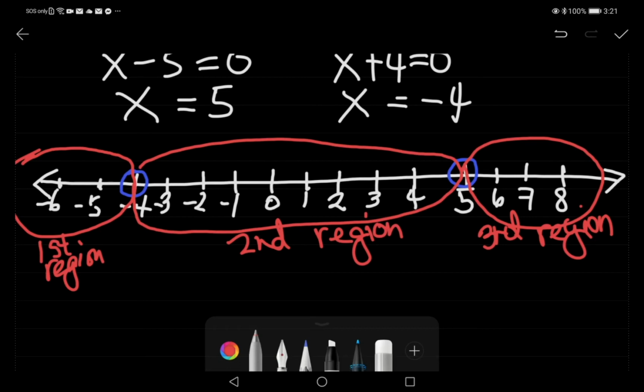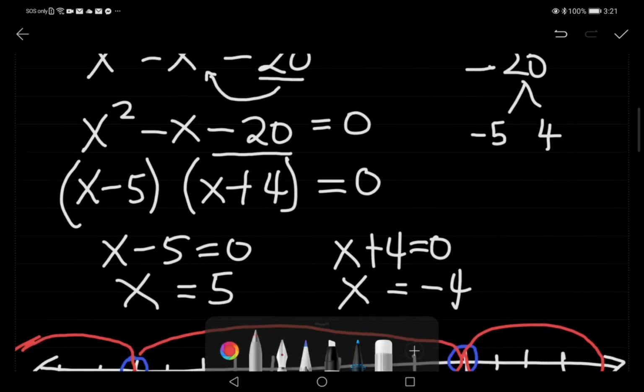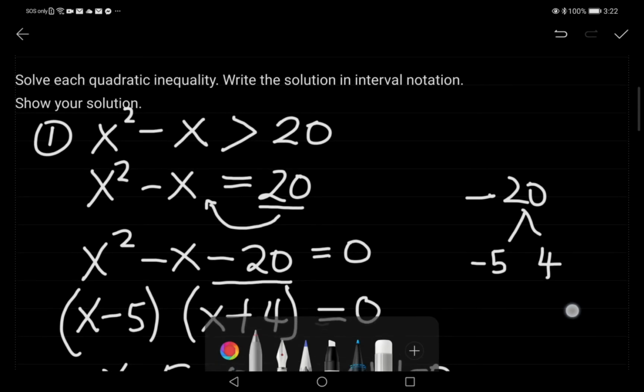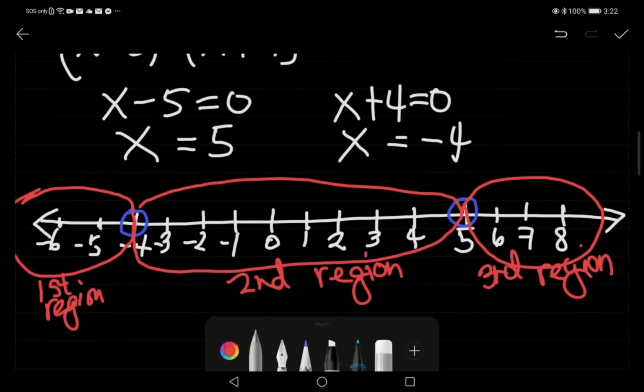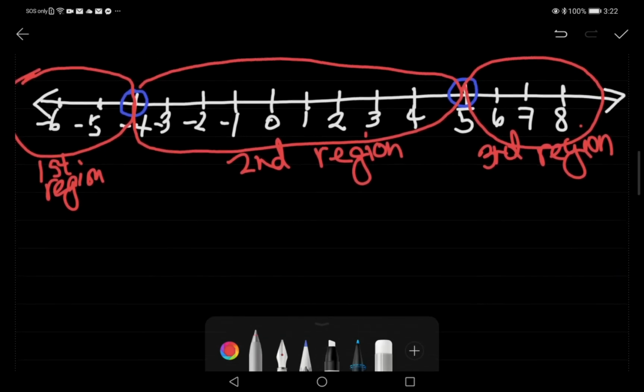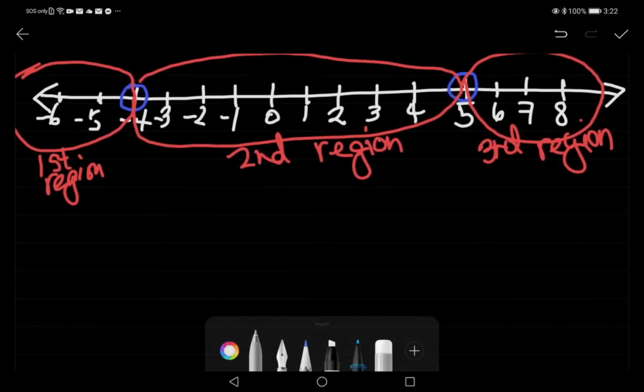So atong i-substitute sa given inequality x squared minus x is greater than 20.